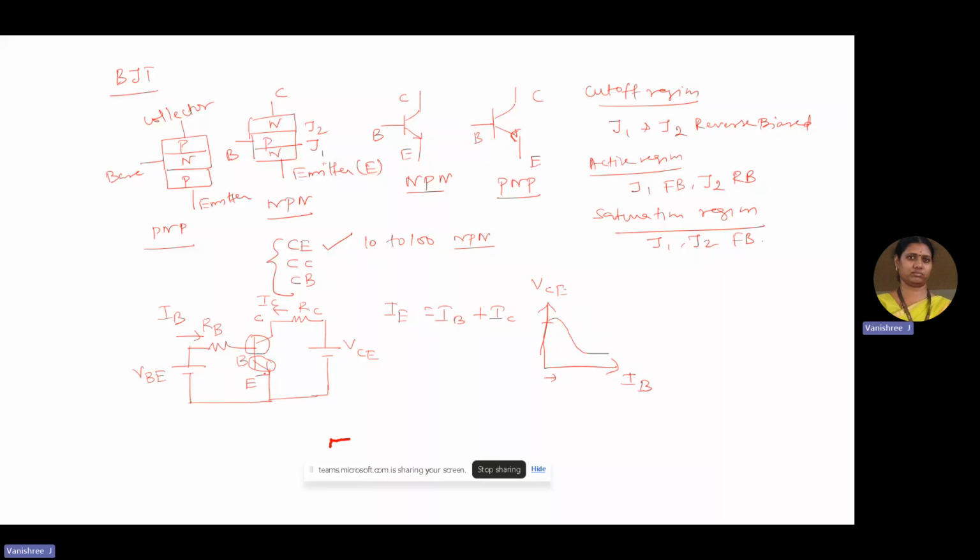So as the magnitude of VBE is increased, the VCE gets reduced and the IB value is increased. So initially, it is the cutoff region, during which both the junctions are reverse biased, when the VCE magnitude is more, during which the IB is very lesser.